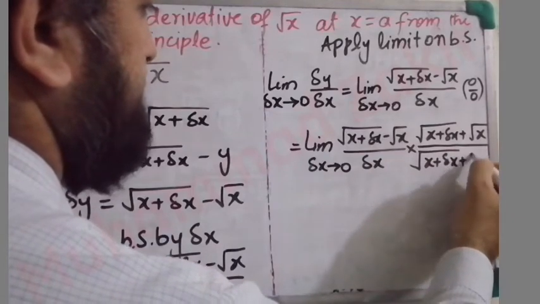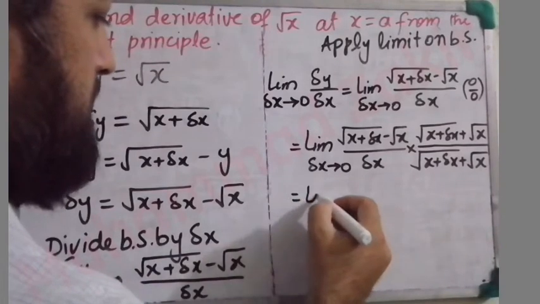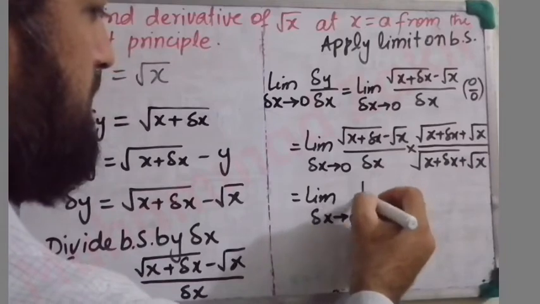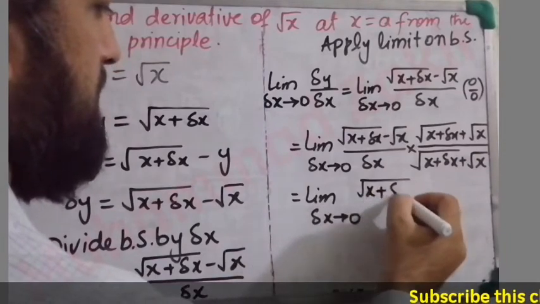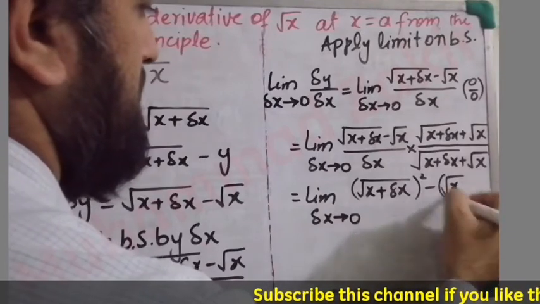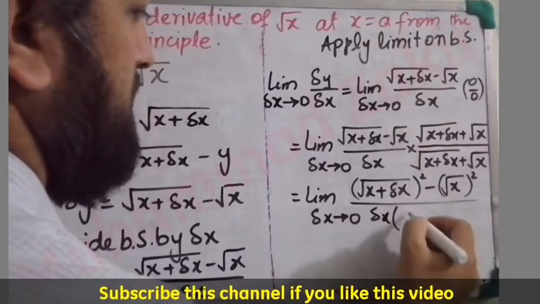Numerator as square root of x plus delta x minus square root x. So we just change sign, square root of x plus delta x plus square root x. This is the value which we multiply and divide, and this is called rationalization. We can see that numerators make a plus b, a minus b. Product make a square minus b square.